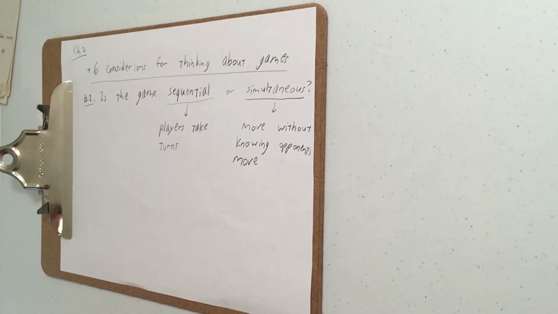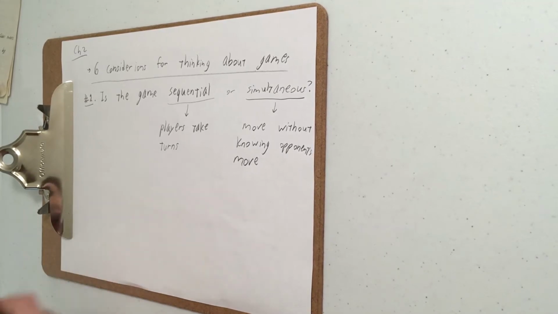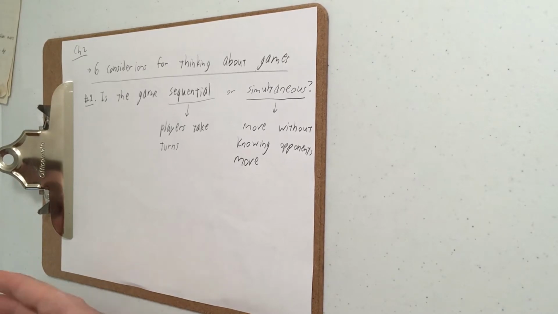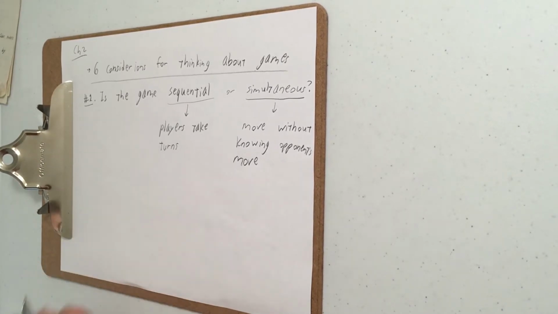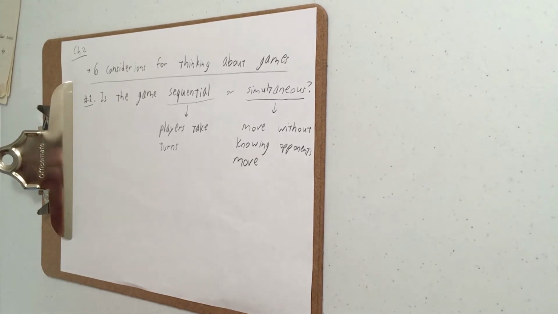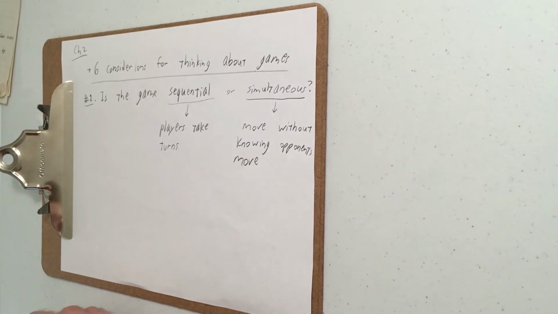But if your opponent moves first, let's say they pick rock, and you know that, then you can always win by picking paper. So sequential move rock, paper, scissors is going to affect the game because now you have more information because you know what your opponent did on their previous turn. So that's why it matters if a game is sequential or if it is simultaneous.